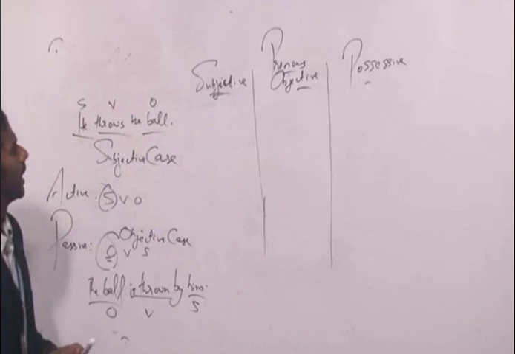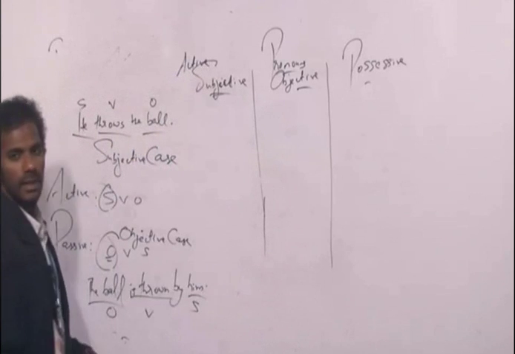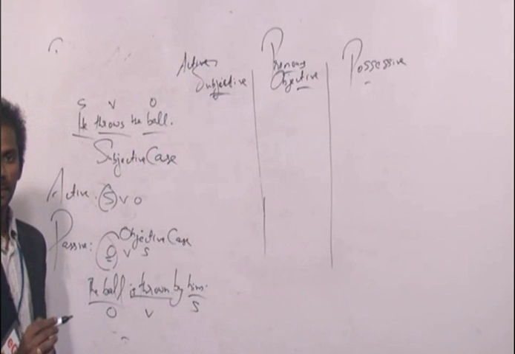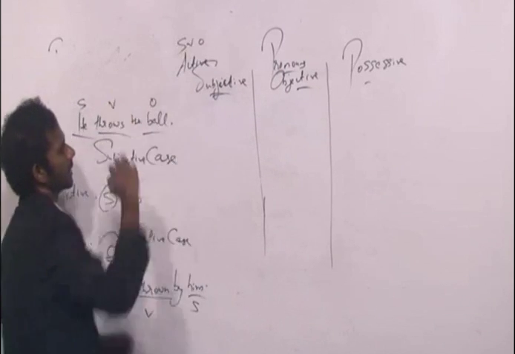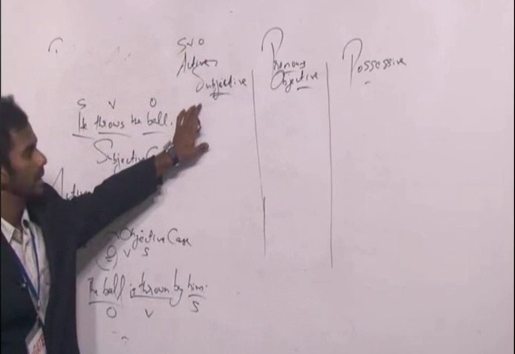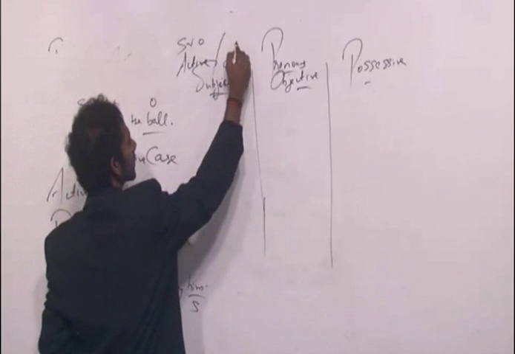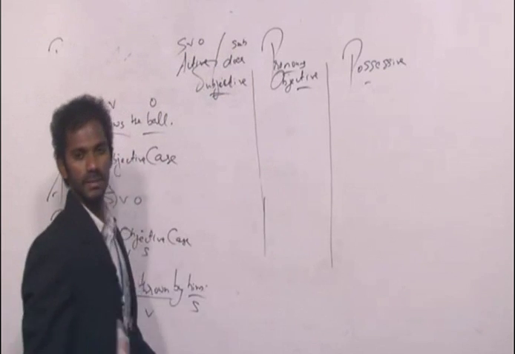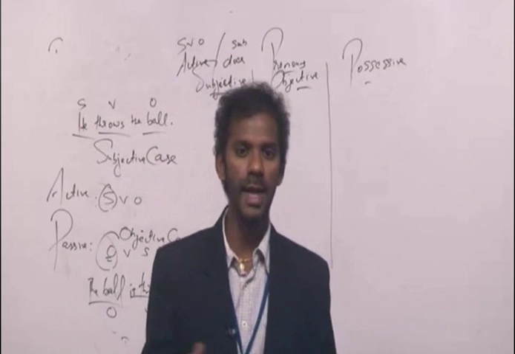Subjective pronouns are pronouns that come in the active voice. That means the order will be subject, verb, object. So subjective pronouns are those that come in the active voice, acting as the doer. Doer means the subject.